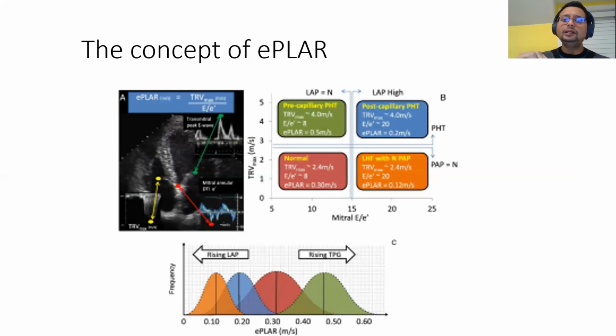The higher the value of TR over E over E prime, the more likely you have pre-capillary hypertension. The lower the value, the more likely you have post-capillary hypertension, and we take the threshold as 0.3. So if EPLA is higher than 0.3, you have pre-capillary pulmonary hypertension. If EPLA is less than 0.3, you have post-capillary pulmonary hypertension.